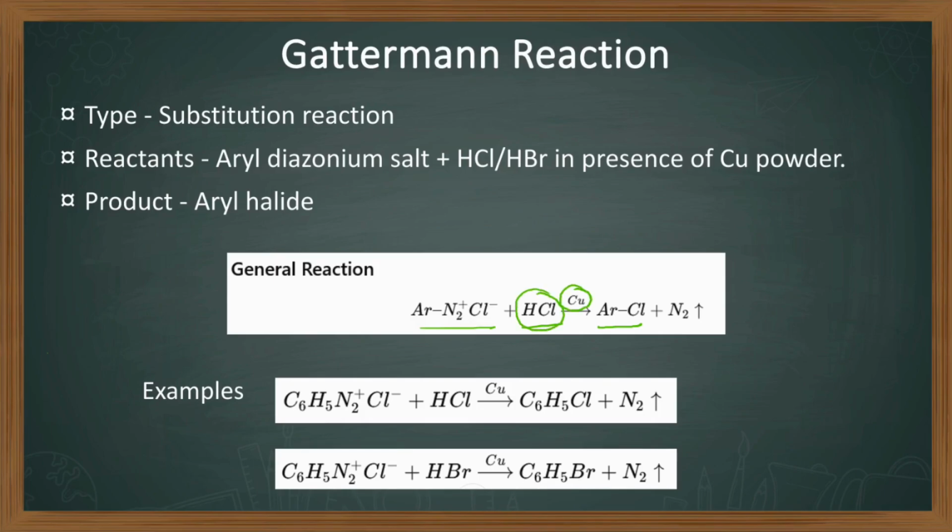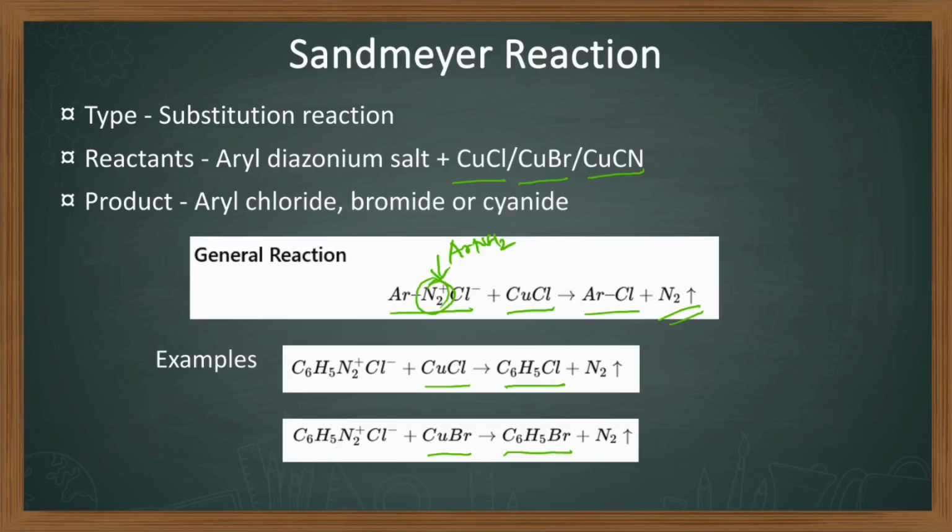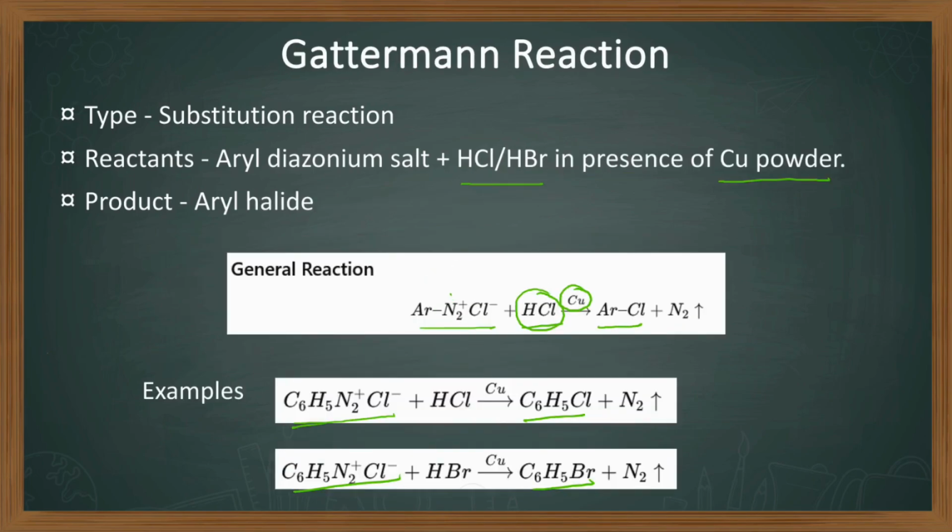The reagent is different here. Instead of taking cuprous chloride or cuprous bromide, here hydrogen chloride or hydrogen bromide is taken in presence of copper powder. That's the only difference. Both the initial reactant and the final product resemble the earlier Sandmeyer reaction. Here also this particular unit goes away as nitrogen.